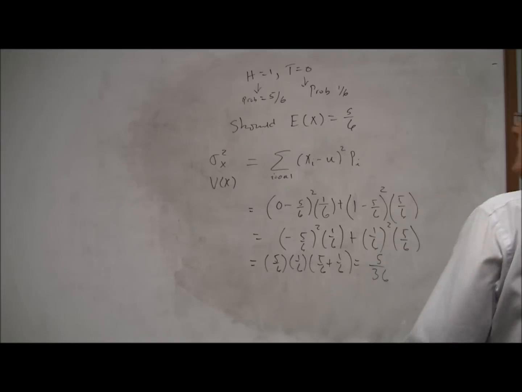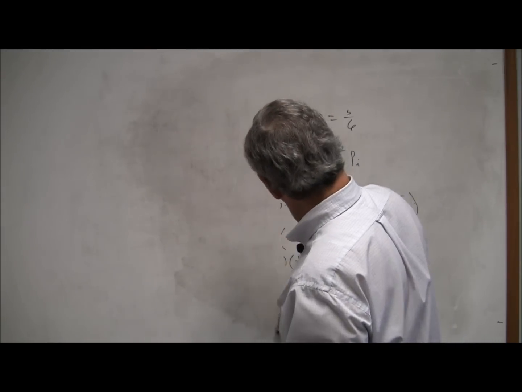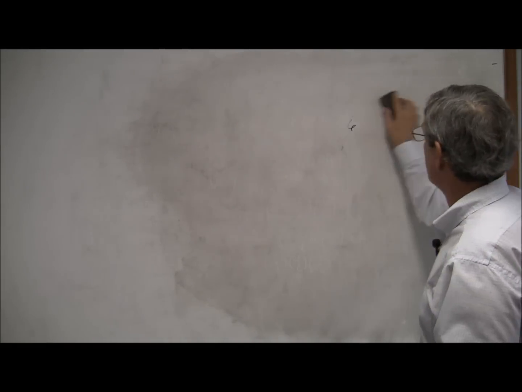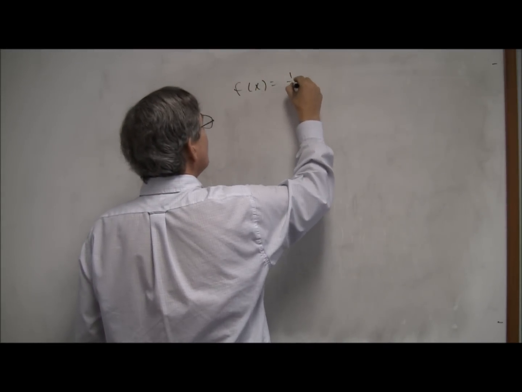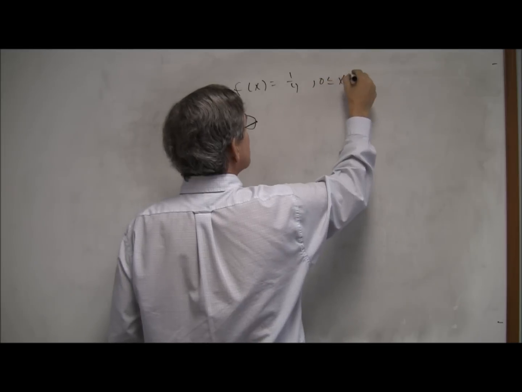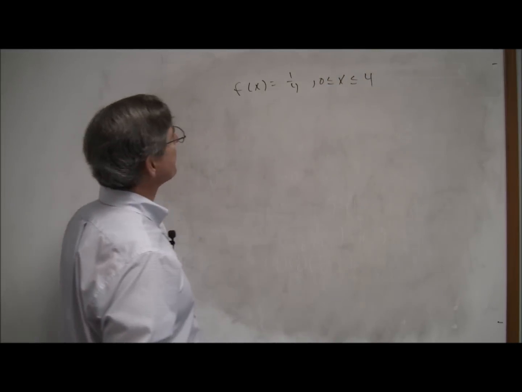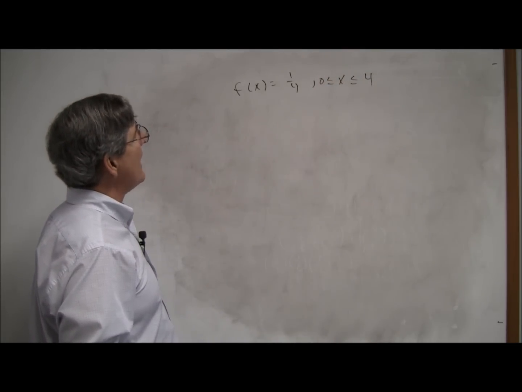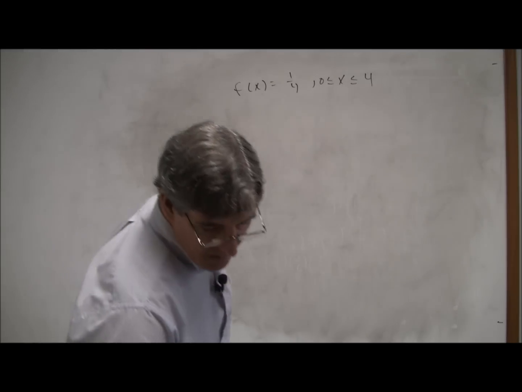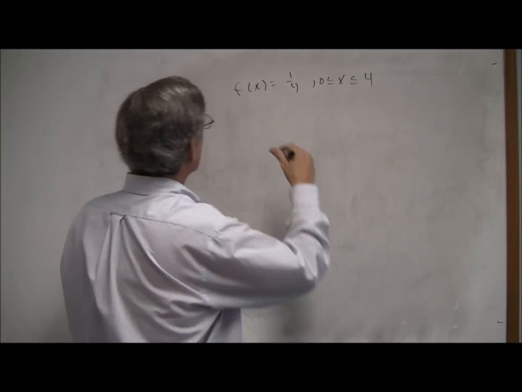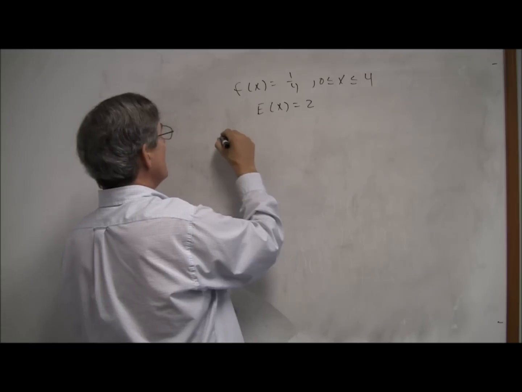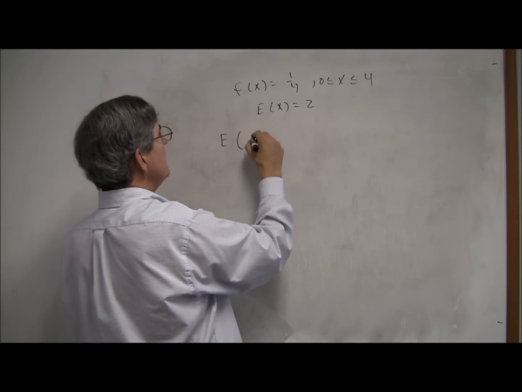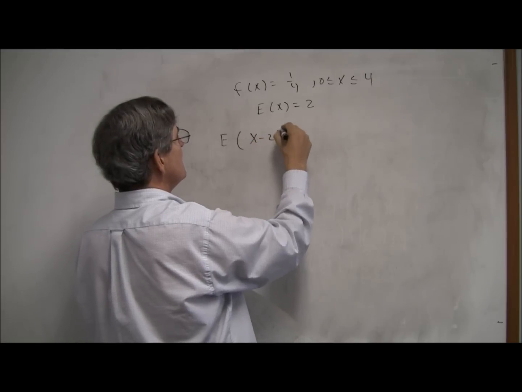For the other example, the uniform distribution, remember the one where f of x equals 1/4 for x between 0 and 4. What's the variance in that case? Well, in this case, we showed that the expected value of x was equal to 2. So what we need is the expected value of x minus 2 squared.